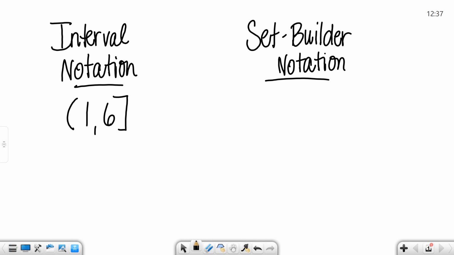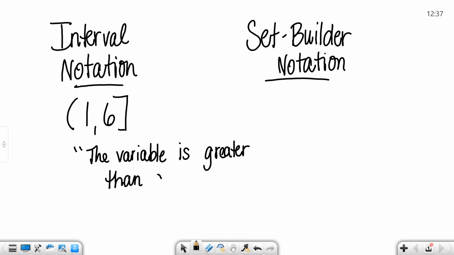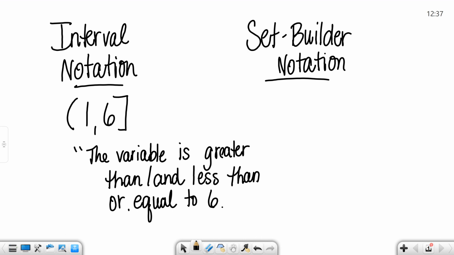All right, so interval notation looks like this. Now I'm going to tell you what it means in words. In words, it means that the value of the variable, and it might be x, it might be y, I don't know, the variable is greater than 1 and less than or equal to 6.